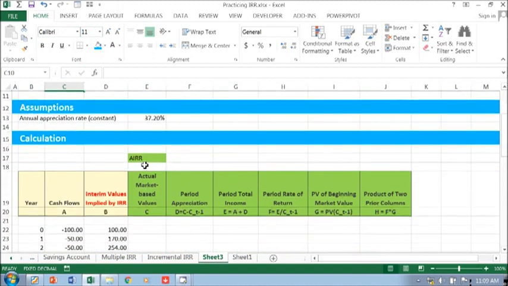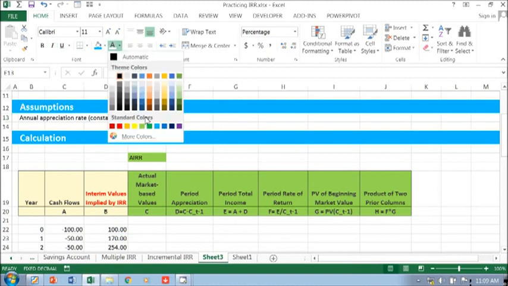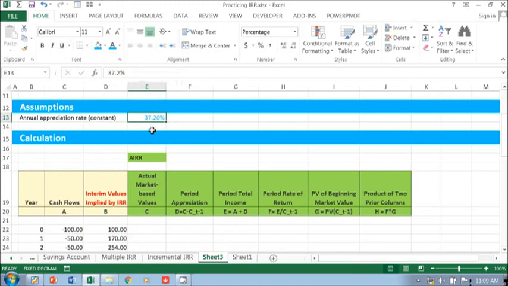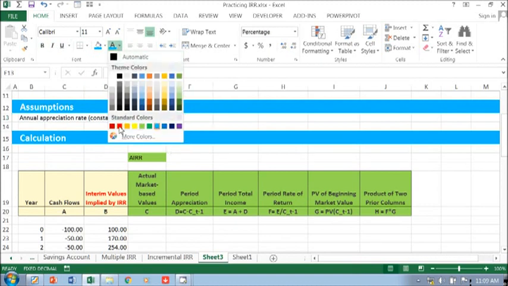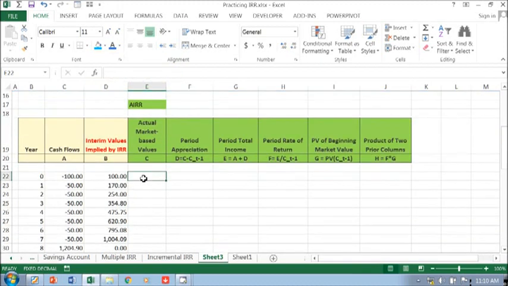This is the input, so you can color it blue if you want. Okay, it's blue, always blue.